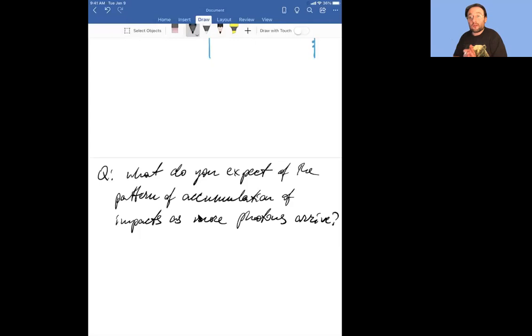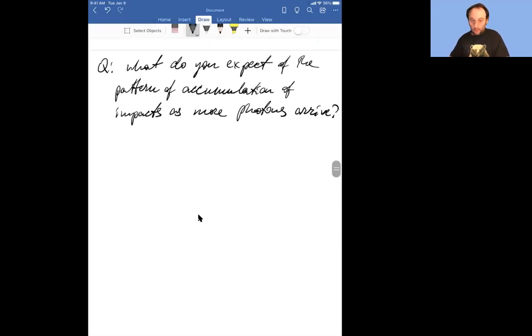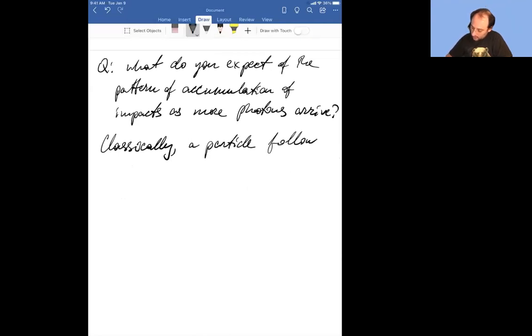So far, everything fits a particle picture. Well, what do particles do? When we think of particles, we think of things that follow trajectories. So classically, a particle follows a trajectory.